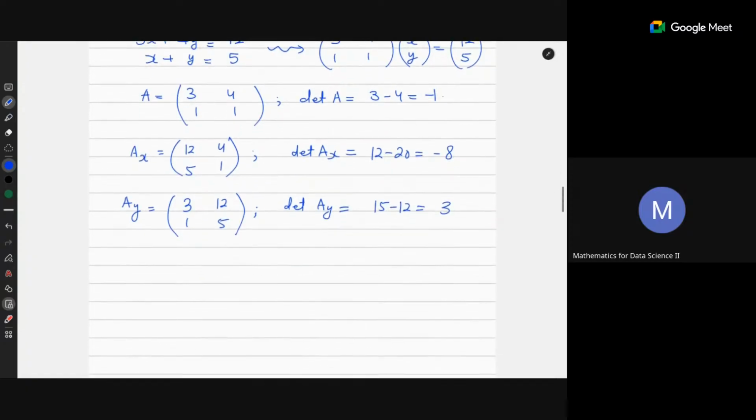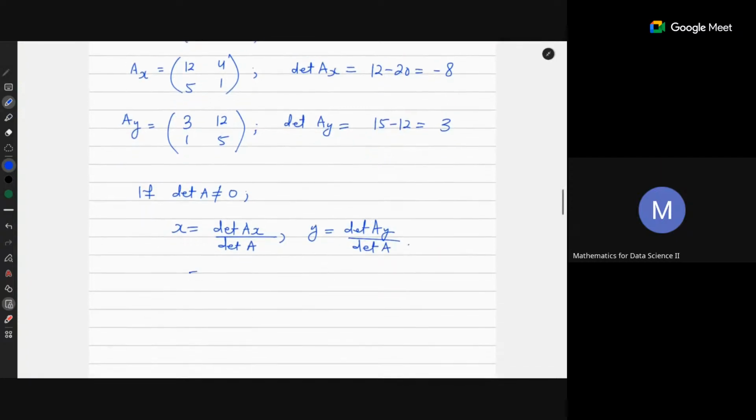In particular, if the determinant of A is non-zero, then x is equal to determinant of AX divided by determinant of A, and y is equal to determinant of AY divided by determinant of A.